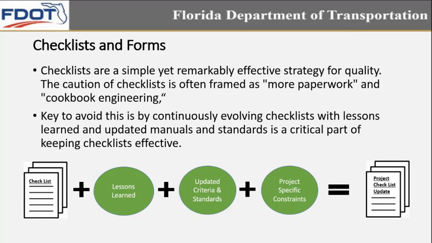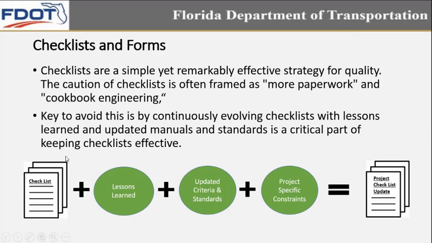The caution of checklists is often framed as, some people see it as more paperwork, or as cookbook engineering, when that's not really true. The key to avoid that perception is continuously evolving checklists with lessons learned and updates to manuals and standards. Keeping all of those up to date is a critical part of keeping checklists effective.